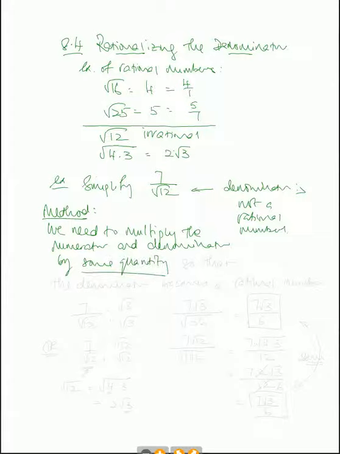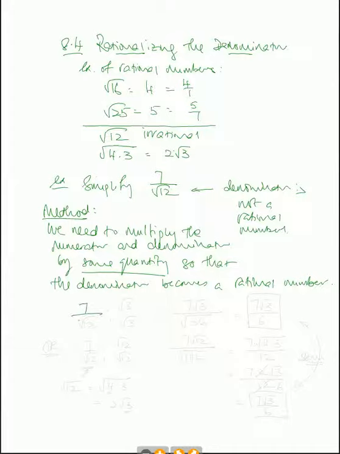You have to use some quantity so that the denominator becomes a rational number. That's your objective. You're trying to multiply by something, but whatever you decide, make sure you do it to the top and the bottom. Your final outcome is that the denominator is a rational number.